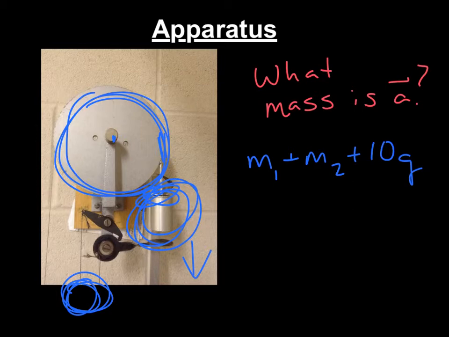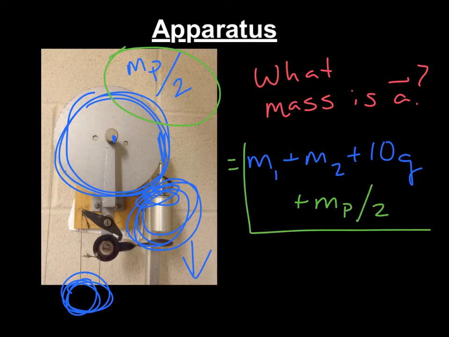This spot does not. We'll talk about this later. The mass of the pulley over 2 is what contributes to the mass being accelerated. So it's all this plus mass of the pulley over 2. We'll get to this later in the book. This is your theoretical mass, and the mass of the pulley is what you're eventually going to solve for.